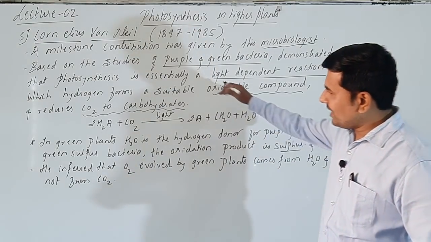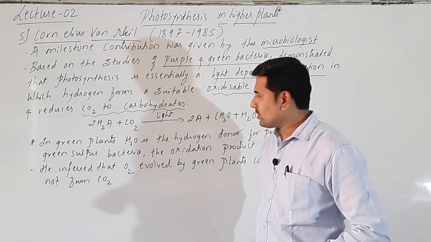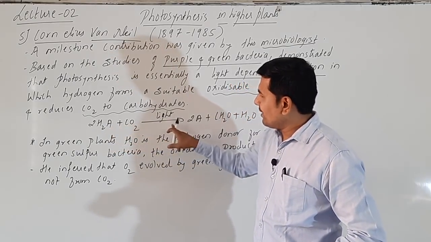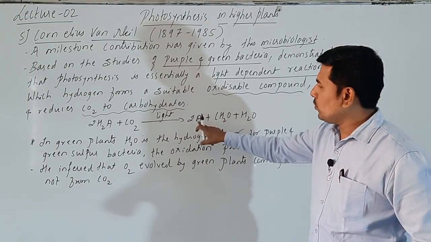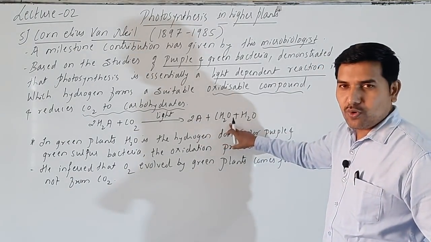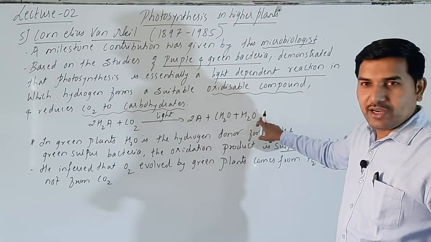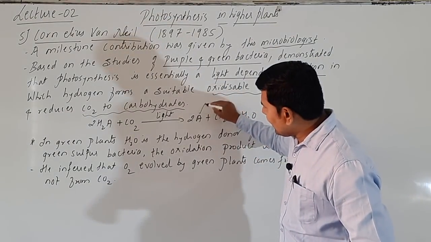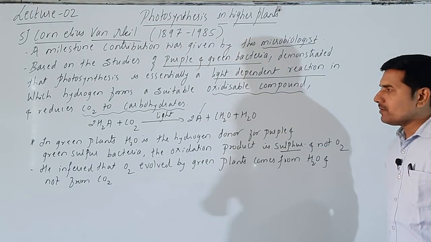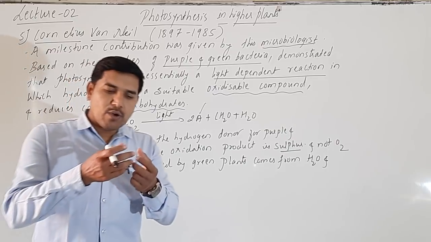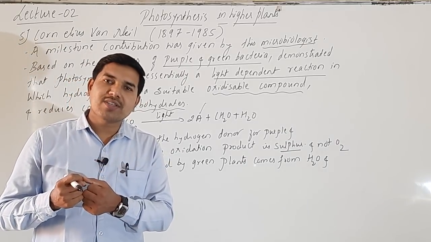So, here an equation follows where 2H2A plus CO2 in presence of light, it forms into 2A plus CH2O, which refers to a compound called as carbohydrate, plus water. Now, when hydrogen is withdrawn, that means removed, oxygen is released.